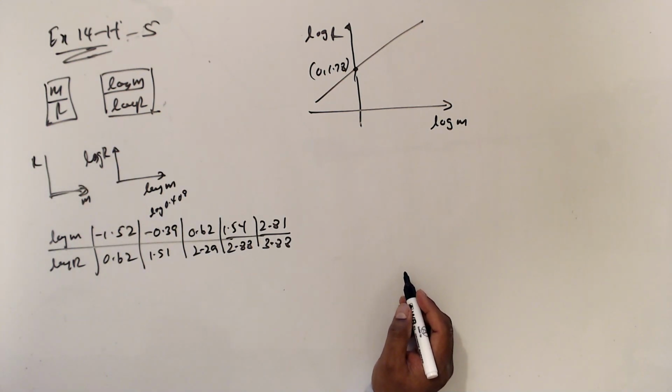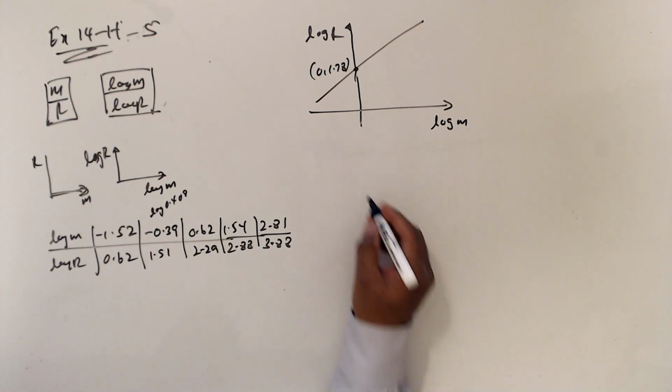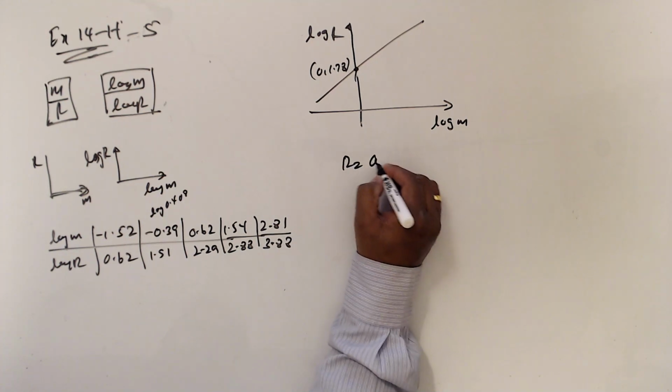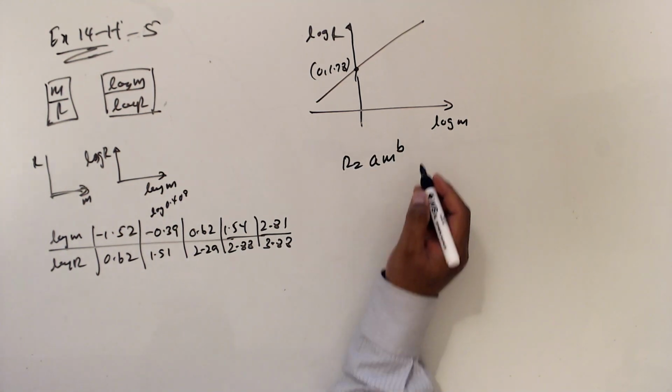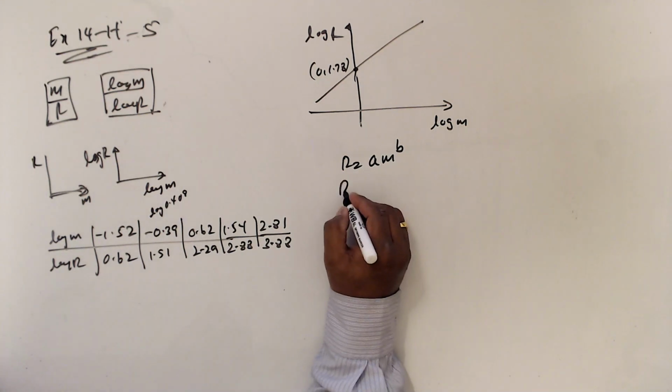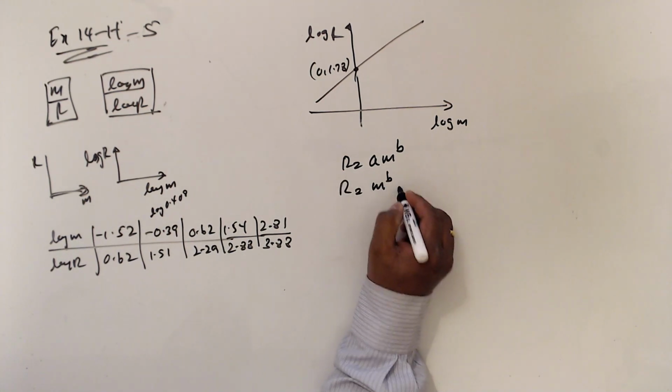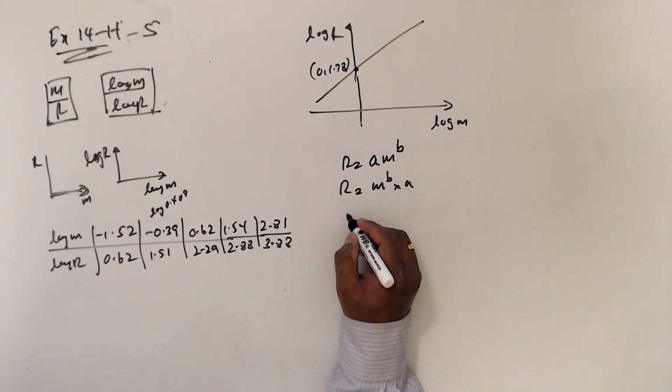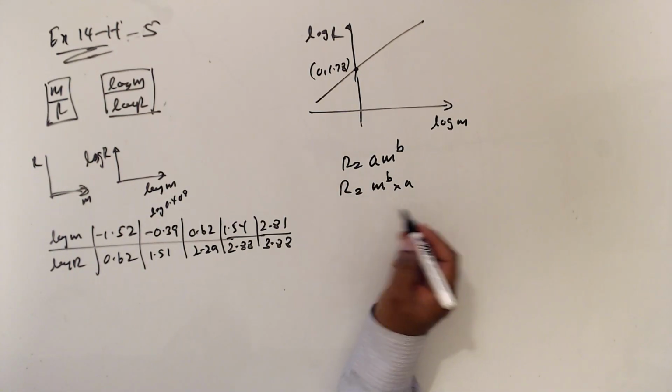And now we'll simplify this, R equals A M^B. It is easy to take the log form.